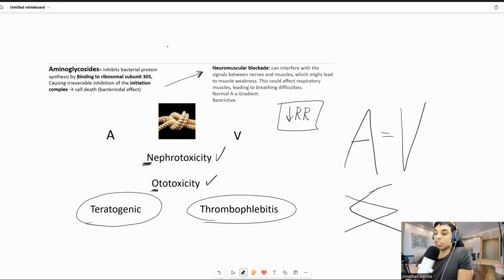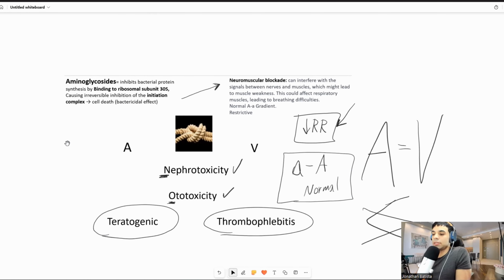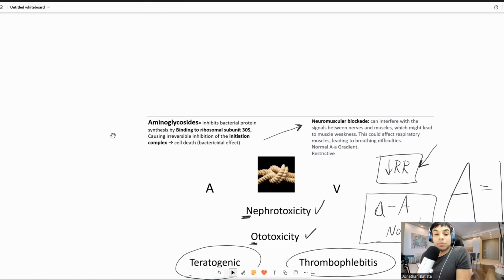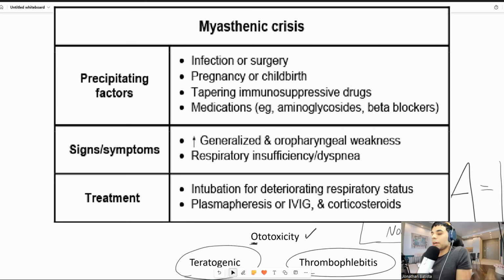Remember, this is known as a restrictive problem. The A-a gradient will be normal, ventilation perfusion normally matched, but the respiratory rate will decrease due to autonomic instability. Aminoglycosides can do this. It is a weird, rare type of side effect, but every single microorganism, when we go through them, we'll mention the rare, weird, testable side effect.